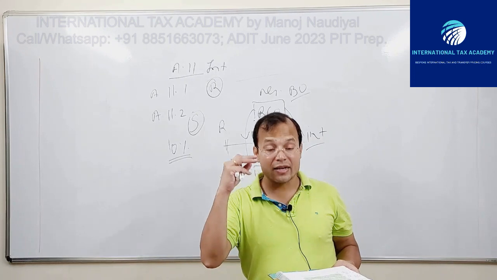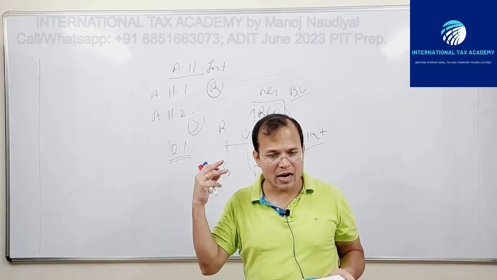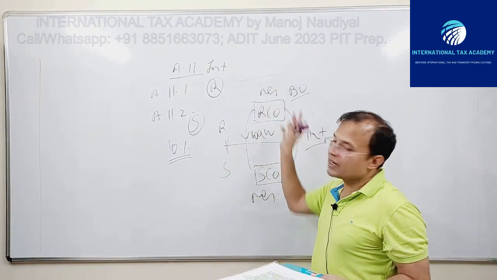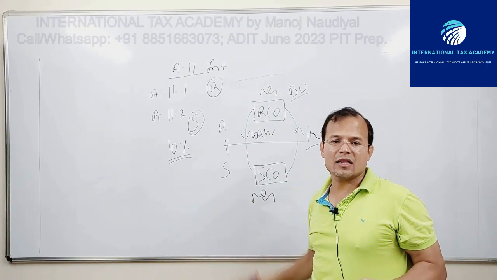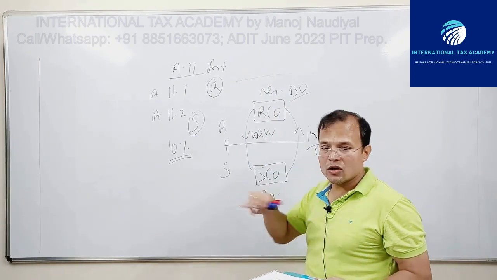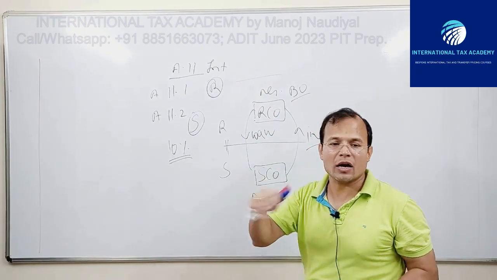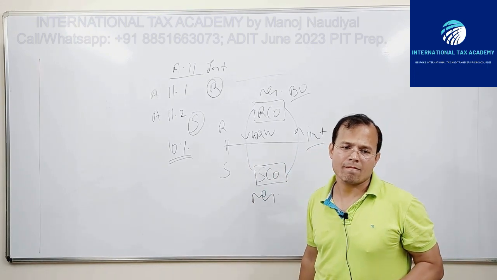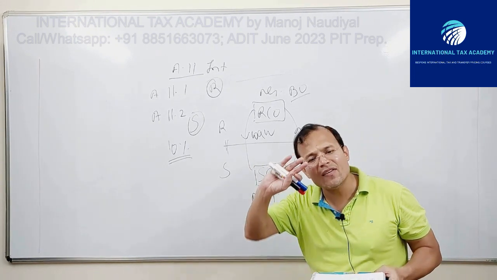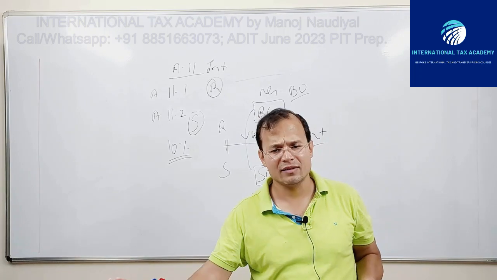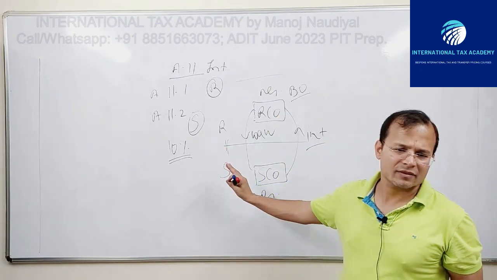And ARCO is under no legal obligation, no contractual obligation to pass on this interest to another person. That is to say, ARCO is not an agent, ARCO is not a conduit company. Everything that we discuss in BO gets applied here.